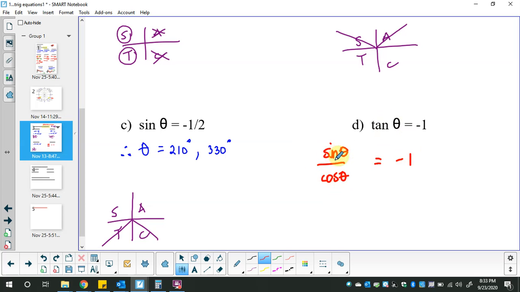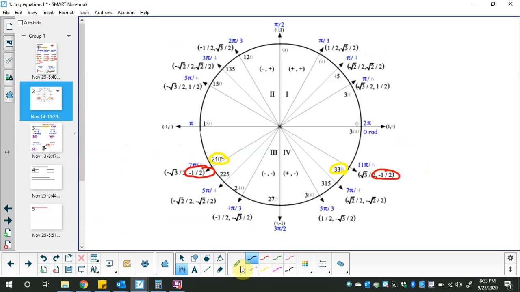Which means that the value you get for sine and the value you get for cos would have to be the same values but they'd have to have opposite signs. So they wouldn't cancel out completely and become 1. They cancel out completely and become -1 because there's a negative sign carrying around. So we have to find all the places on the unit circle where you have the same values but opposite signs. So let's see if I can find those places.